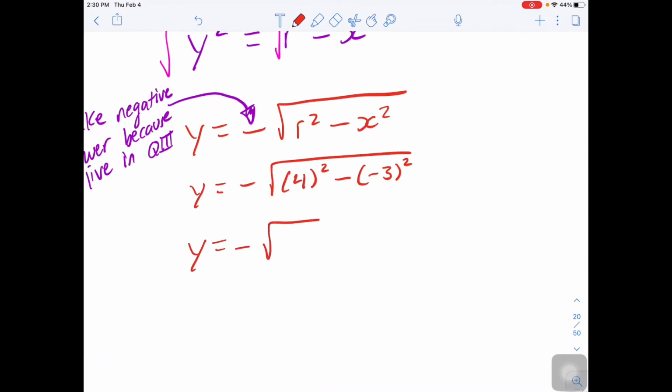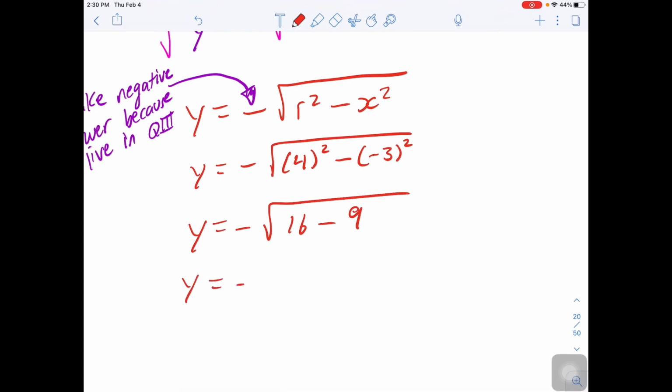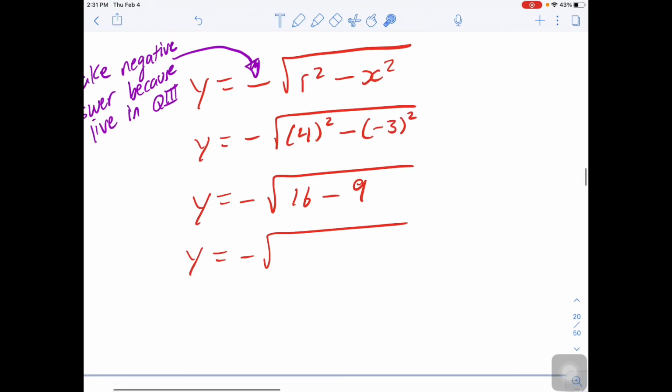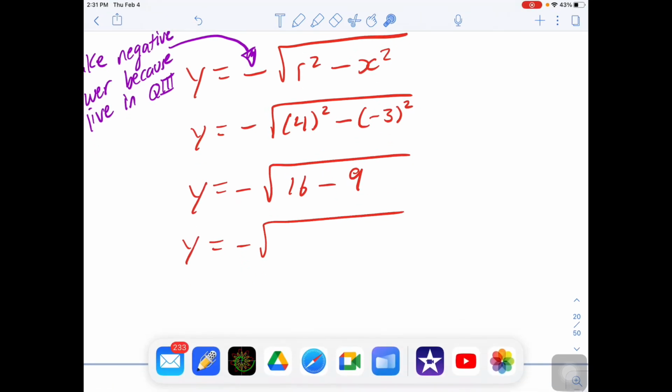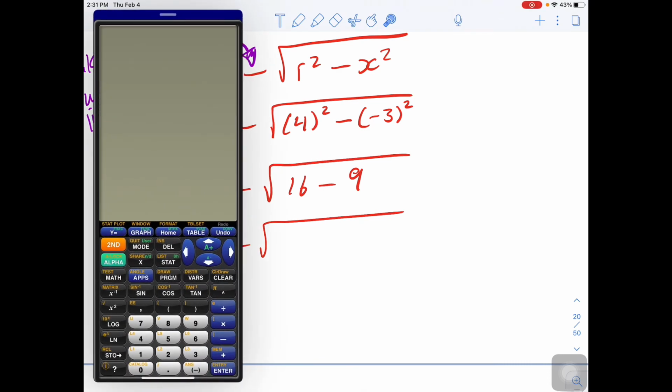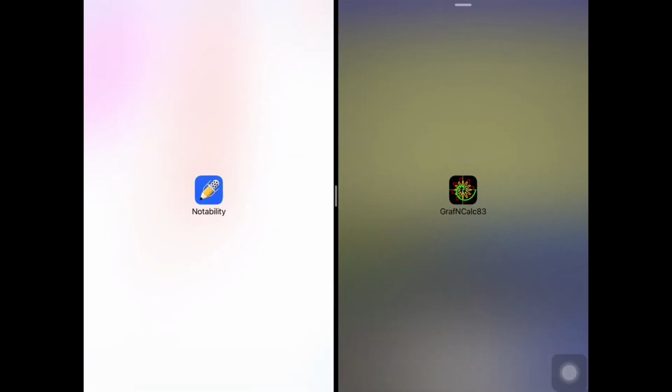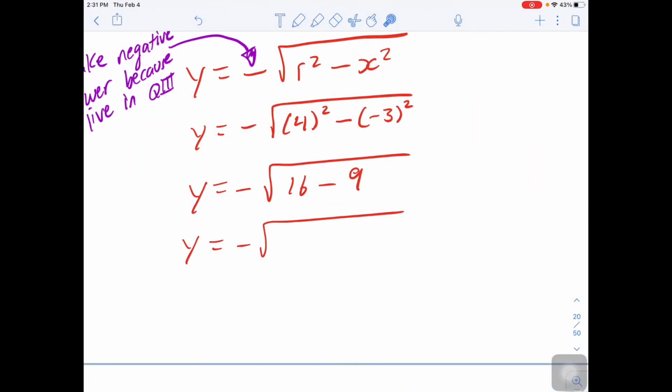So 4 squared is 16 minus (-3) squared, which is 9. 16 minus 9, what will that give me? Well, let's quickly think about that. 16 minus 9 will give me 7.